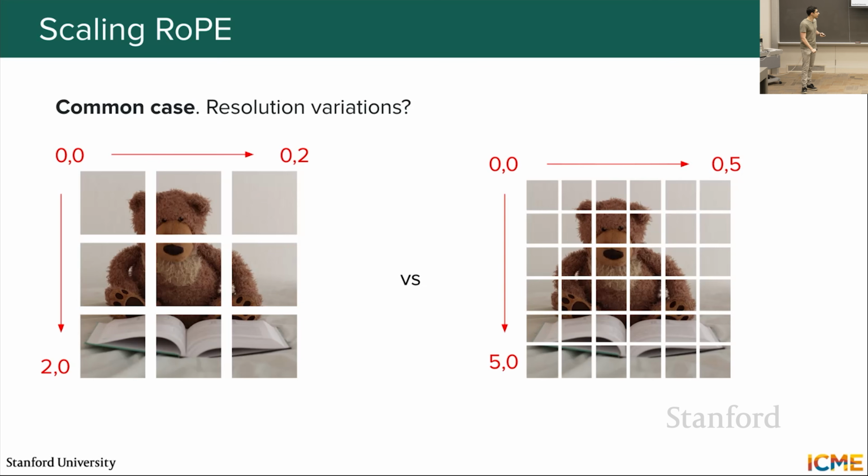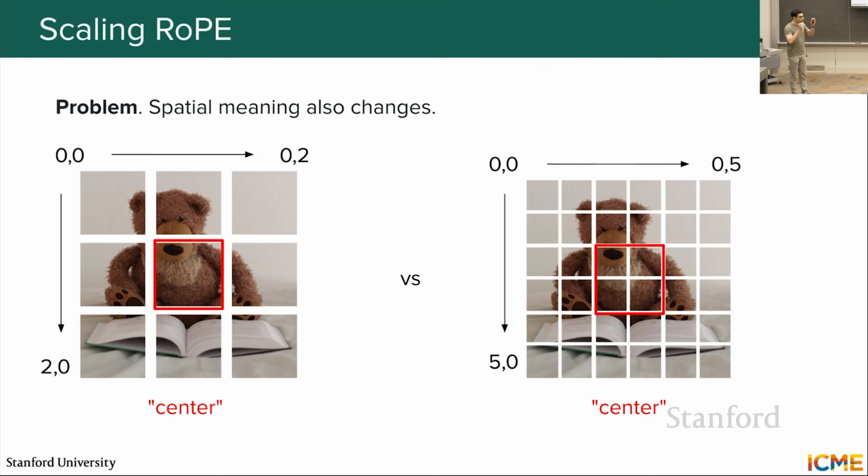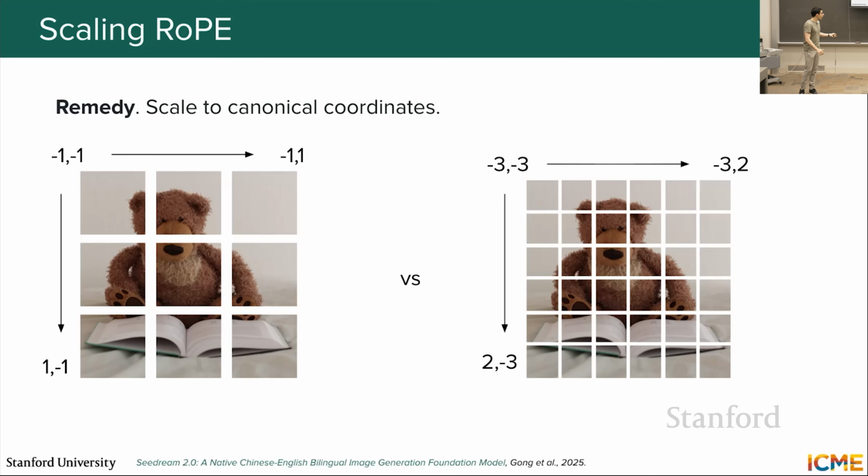And this is what SeeDream 2 thought about. The idea here is to center the coordinates in a way that will tell the model where the center of the image is in order for it to locate different parts of the image. So instead of having a grid that starts from 0, you have the 0 roughly at the center of the image, and then you adjust the external points.